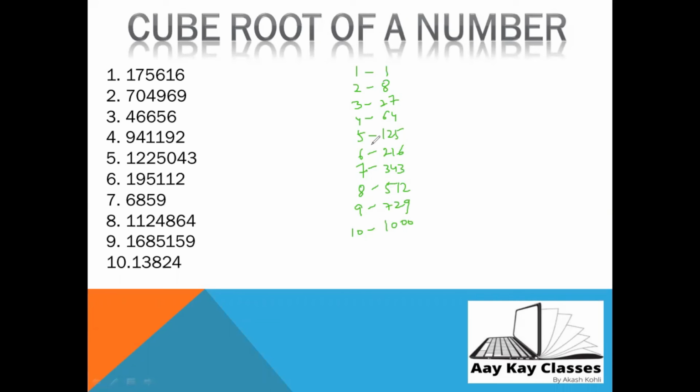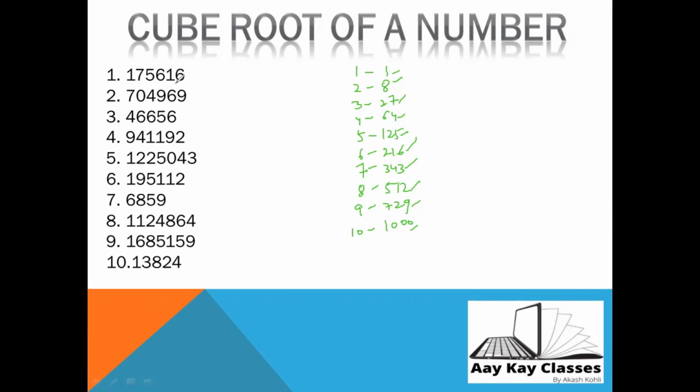So you have to learn all these. And now you can see 0, this is 1, this is 2, this is 3, this is 4, 5, 6, 7, 8, and 9. So all the unit place digits are here. Like all the digits from 0 to 9 are here.